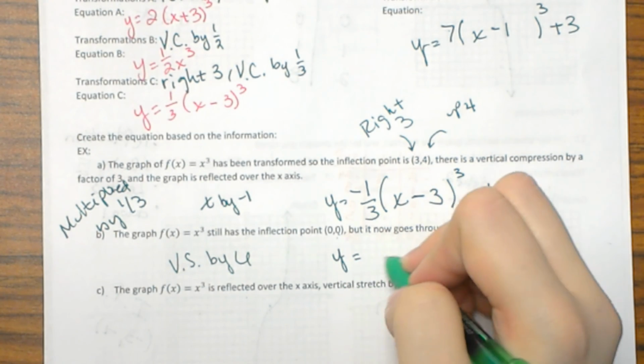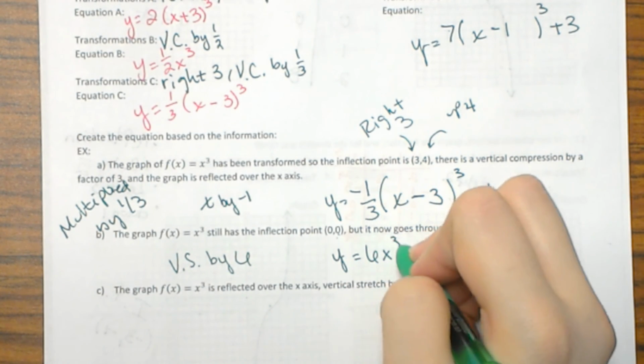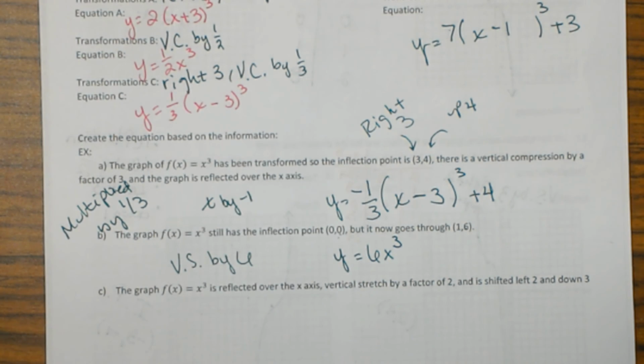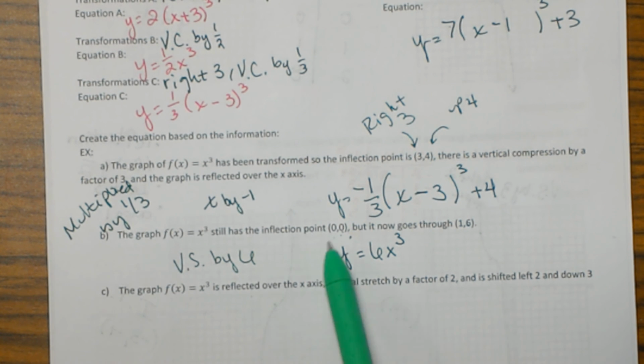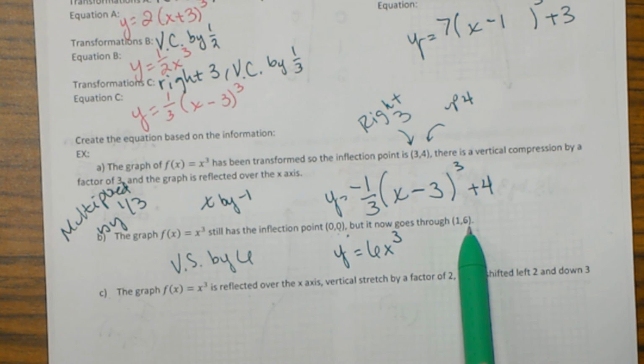So I have y equals 6x cubed. Because the 0, 0 tells me there was not any left, right, up, and down action. It stayed at the origin. So the only thing that could have happened was a reflection, or a stretch, or a compression. And my y values got bigger, so it had to have been a stretch.